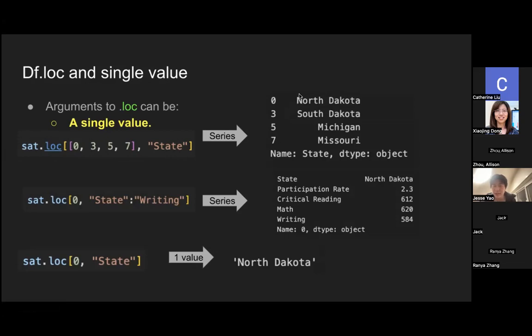And then it'll give me the value of state at those indexes, right? Again, this works as intended. Like I mentioned, a column is just a series. So if I select a very specific column, it should return a series, right?